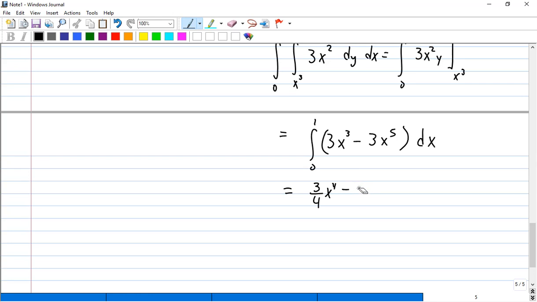Do you mind if I put 1/2? You will allow it. x to the 6th, from 0 to 1. So if I plug in a 1, I get 3/4 minus 1/2. If I plug in a 0, I get 0. So that's 3/4 minus 2/4. That's 1/4.